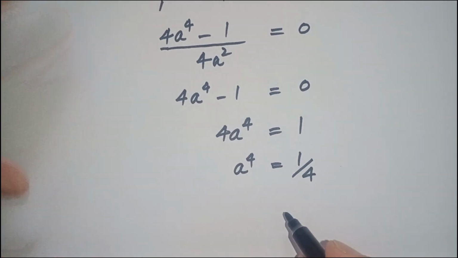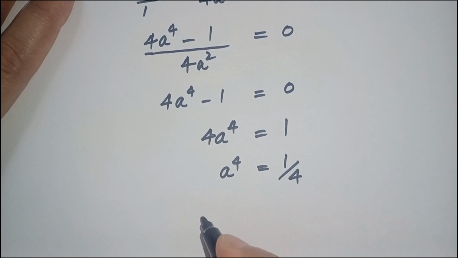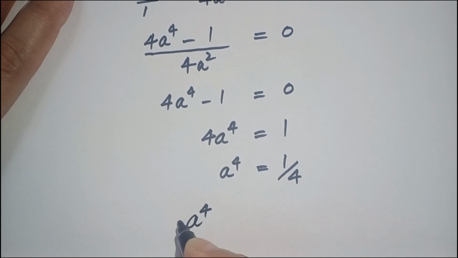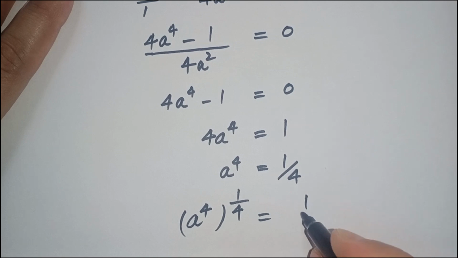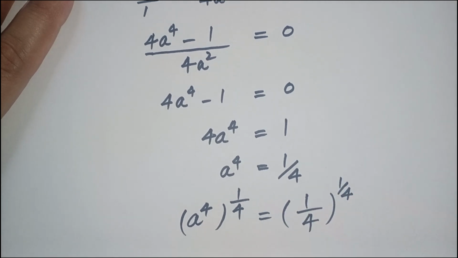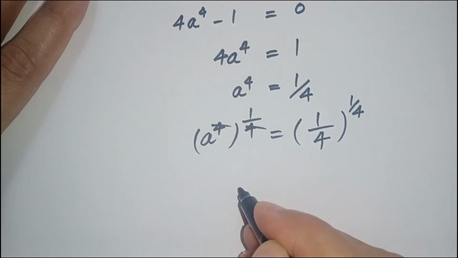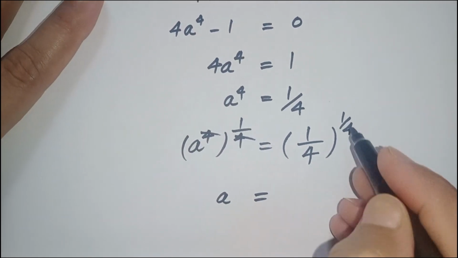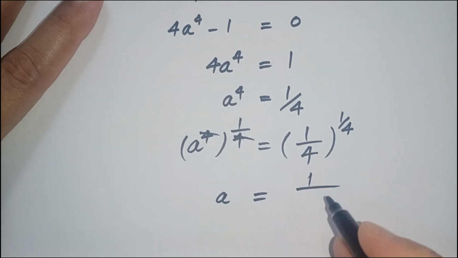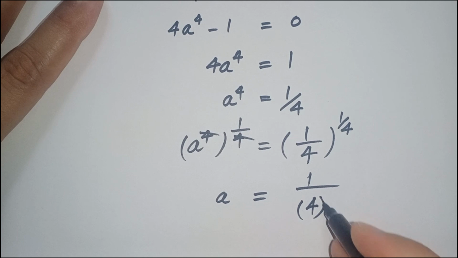We raise both sides to the power 1 over 4: a to the power 4 whole power 1 over 4 is equal to 1 over 4 whole power 1 over 4. The 4 cancels out with the 4, and we are left with a is equal to 1 over 4 to the power 1 over 4.